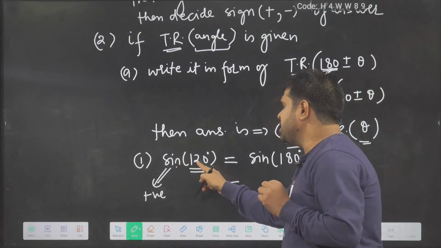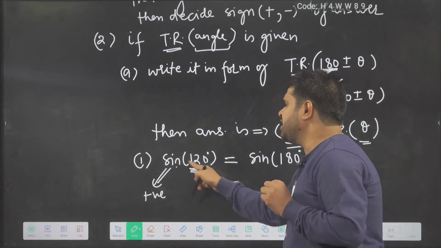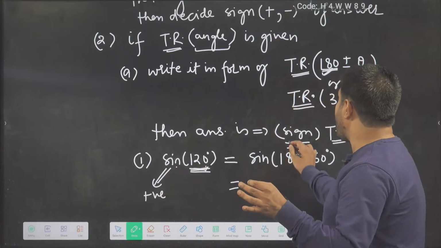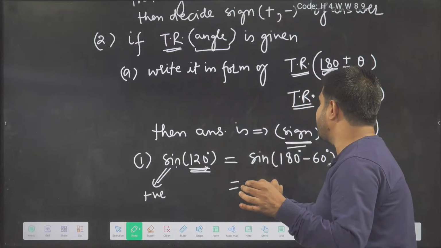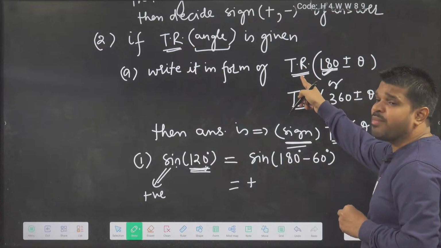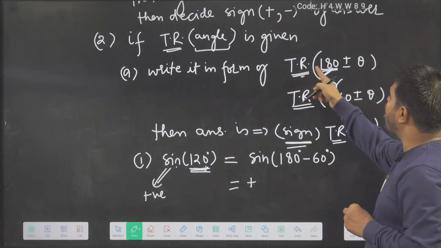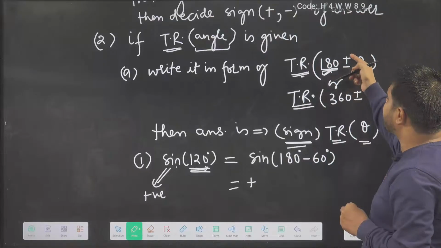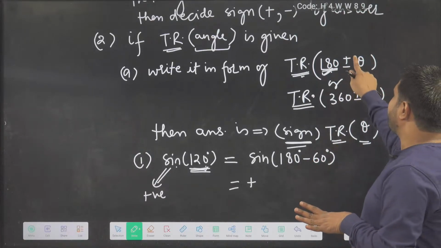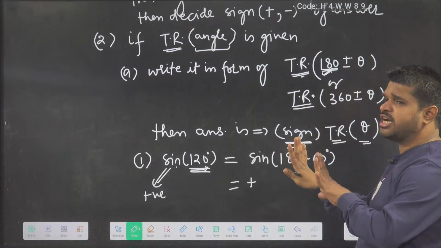Now let me follow the first step. Sine 120 is in the second quadrant. In the second quadrant, sine is positive. So I will write plus. I am able to write my angle in the form of 180 plus or minus theta; here I am using minus theta. Whether you use plus or minus doesn't matter.